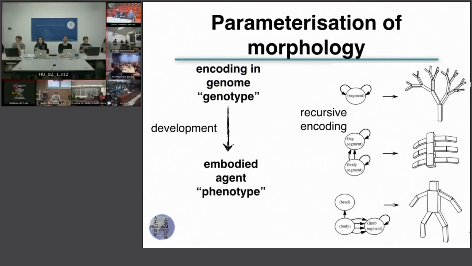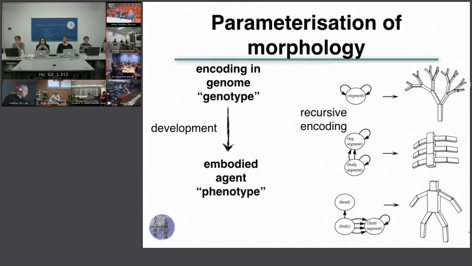Okay, so you saw some great examples of how we can evolve all these creatures with different shapes and without really designing them by hand. So it's just what evolution came up with. And what we have here, of course, in this evolution algorithm, is an encoding in the genome, and then we have some development.